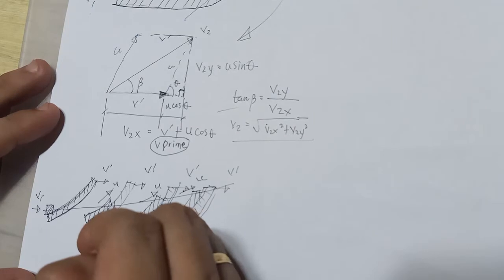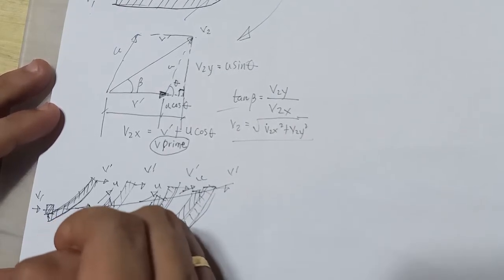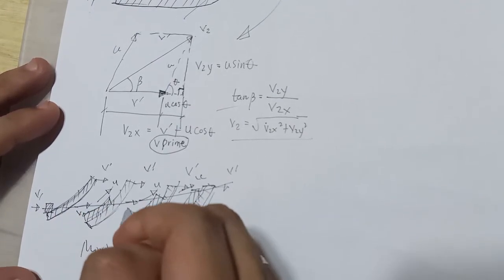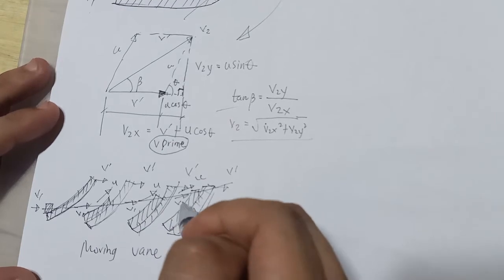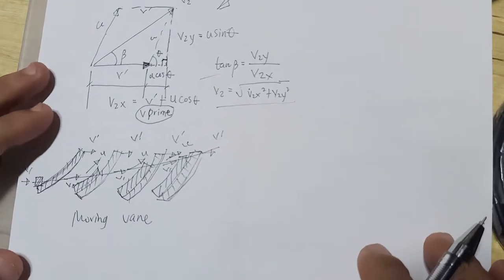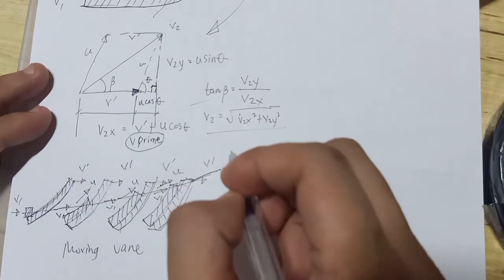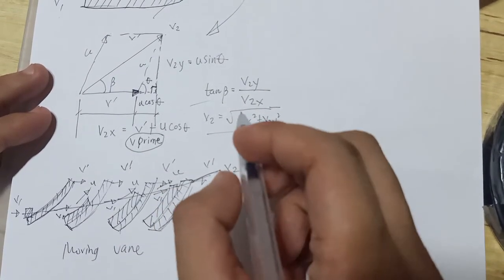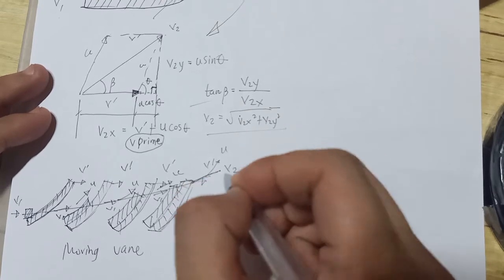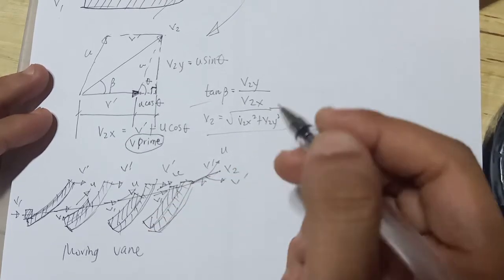And may V1 dito. No? Ang mga V1 niya. So, lastly, this one, it is the V2, which is meron ding U and V prime.